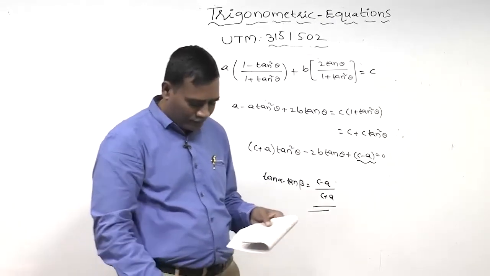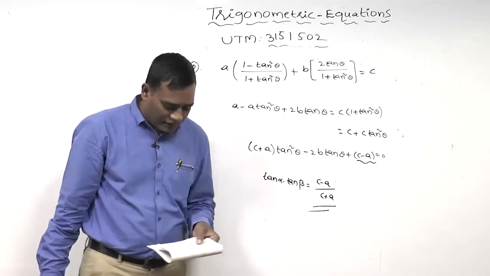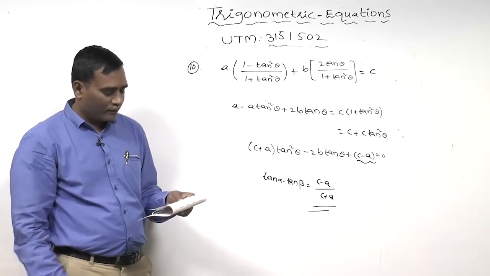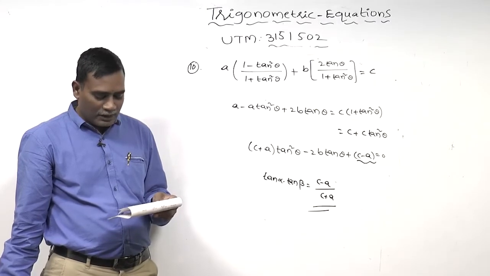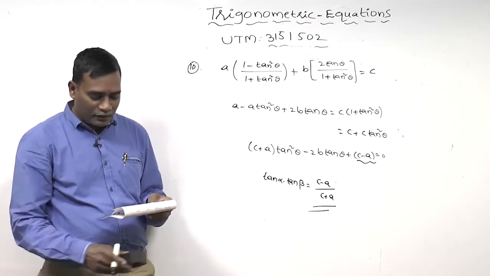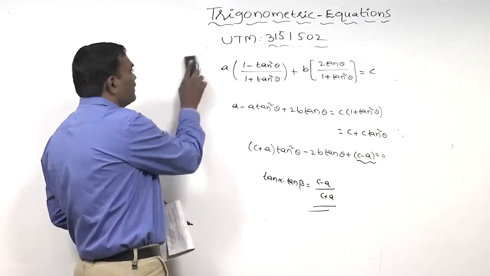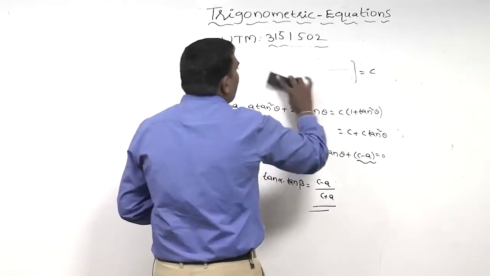Next one. Sin x plus 2 sin 2x is equal to 3 plus sin 3x, for 0 less than x less than 2 pi. The options: has no solution, one solution in the second quadrant, one solution in each quadrant, or two solutions. So what is the answer?